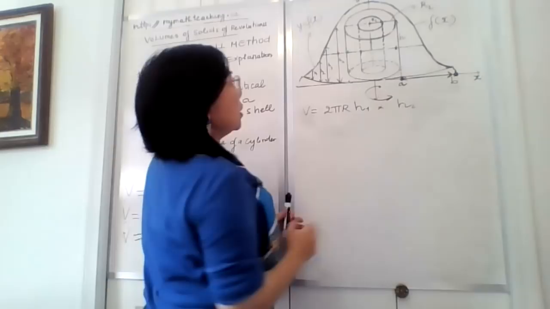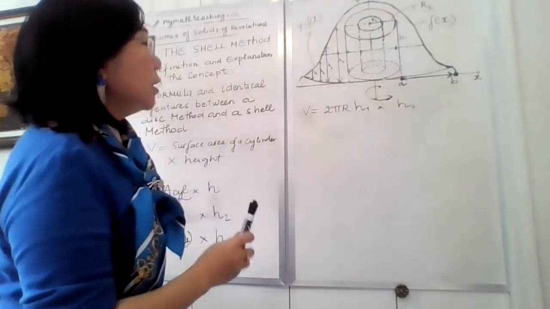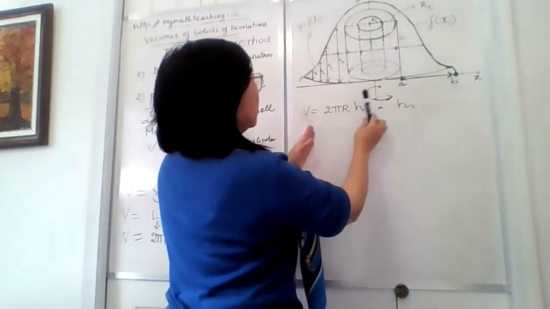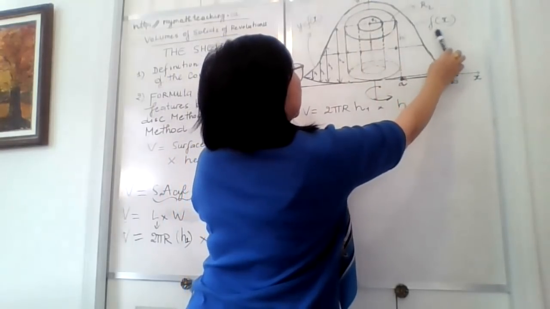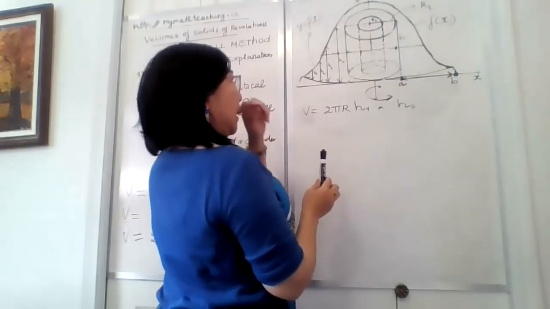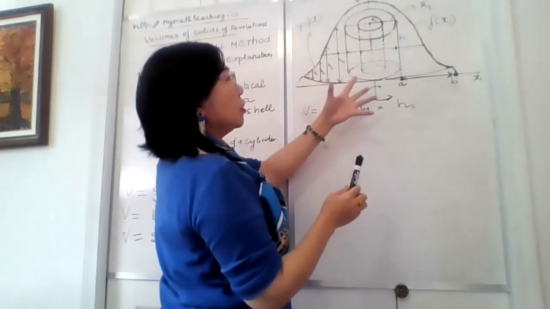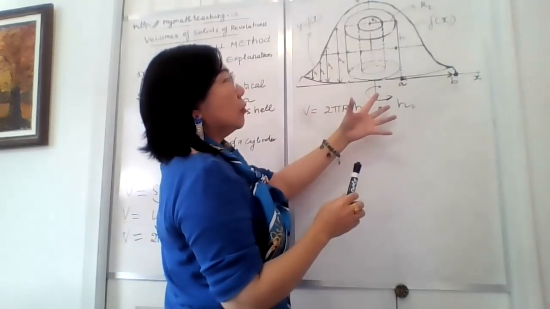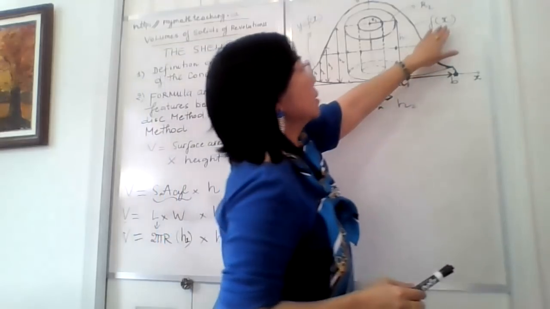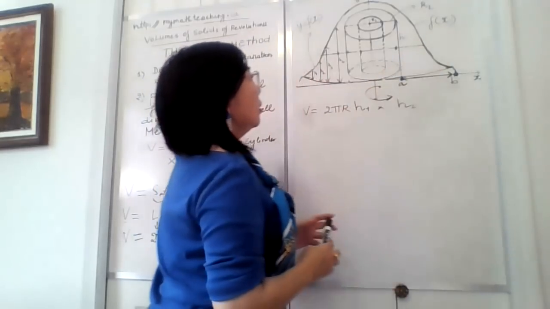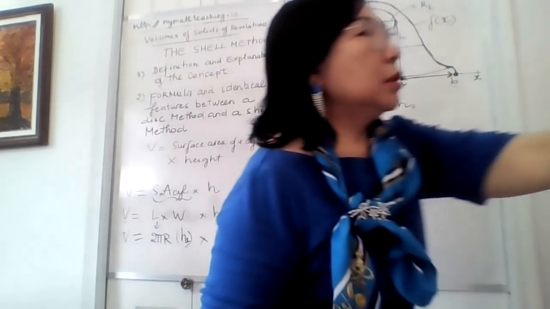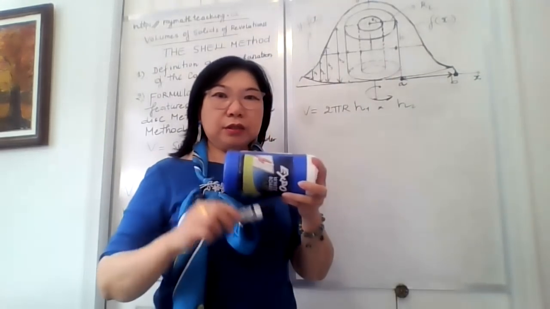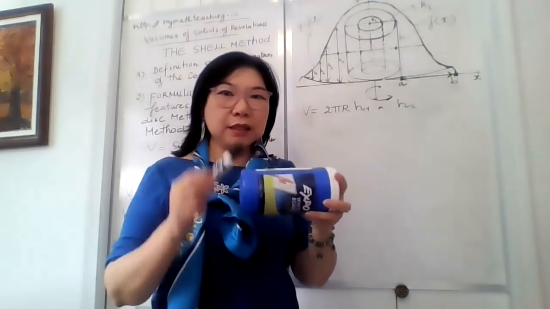So now we also realize one more thing. I want you to realize that if I have a curve like this and I call this a function f of x, right? It means I have a function of y in terms of x, right? But different from this method, this method is you generate this volume around the x-axis.